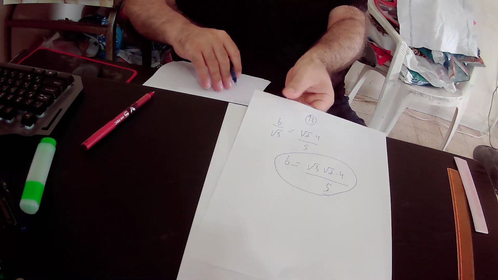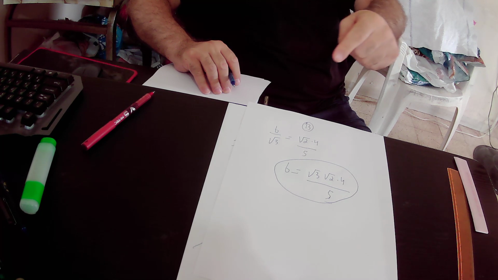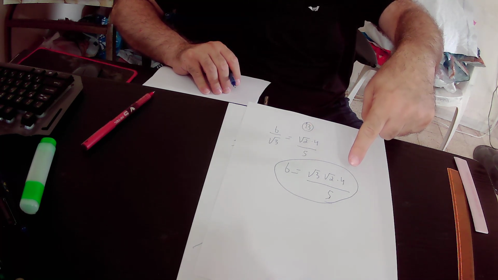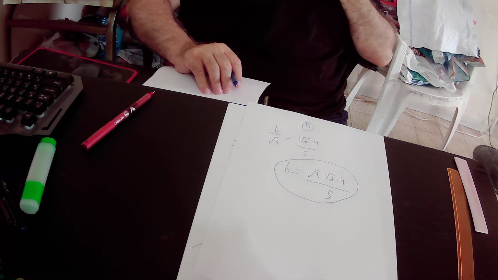So after we multiply, we got that b equals the root of 3 times root of 2 times 4 over 5 units.